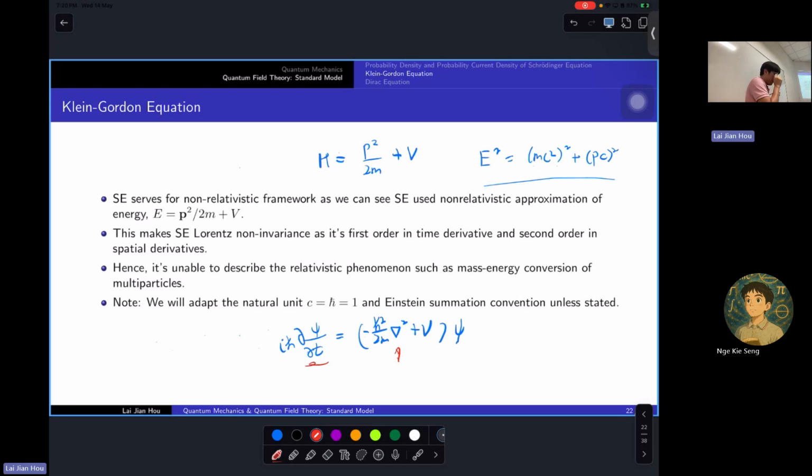Hence it is unable to describe relativistic phenomena such as mass-energy conversion in multi-particle systems. From now onwards, we will use natural units and the Einstein summation convention later.